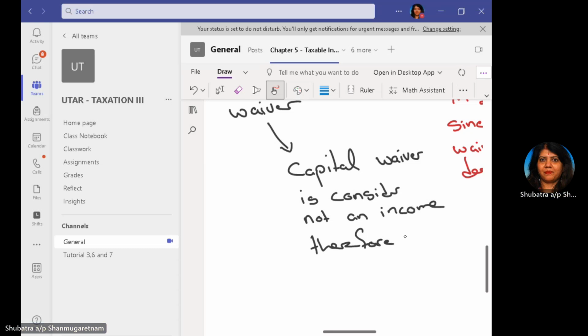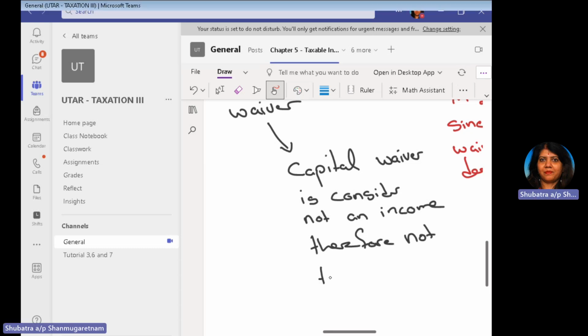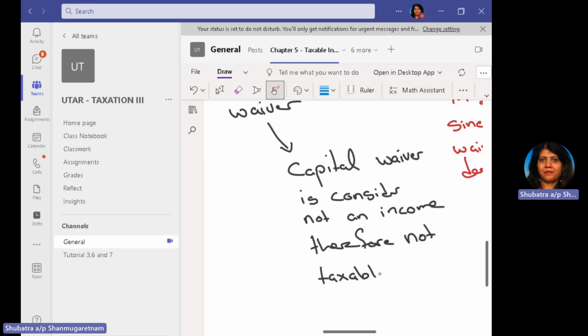Therefore, not taxable. So the capital portion of the loan is not considered taxable.